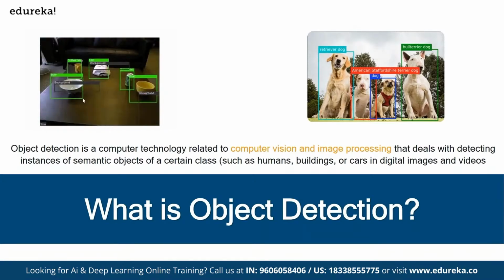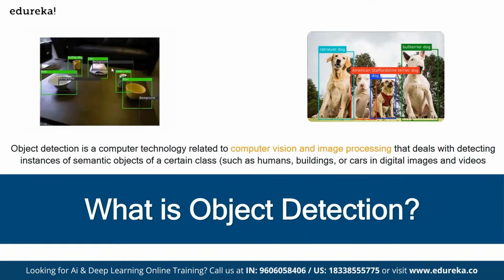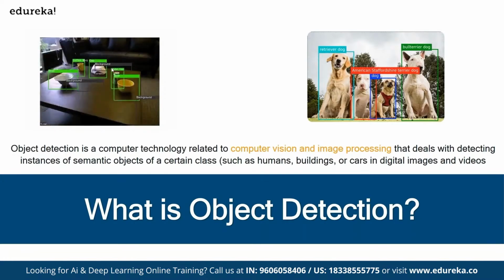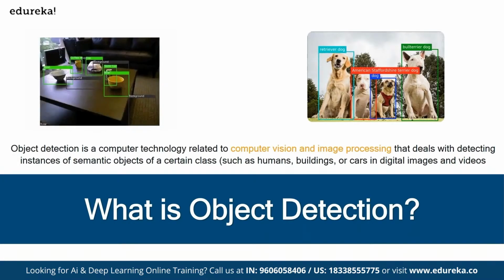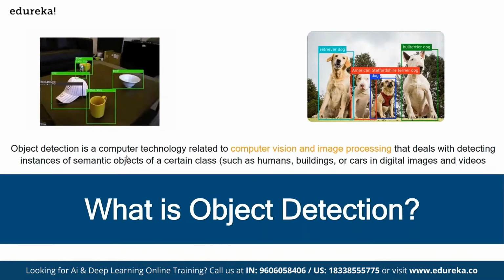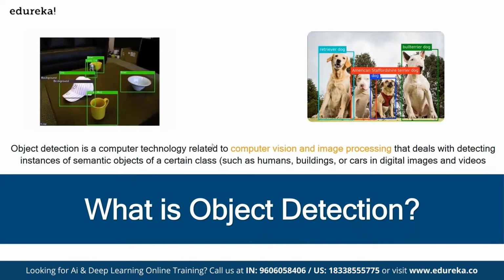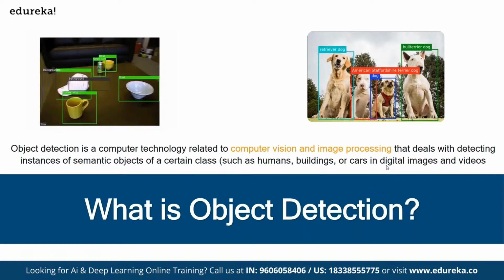Along with saying what is present in these images, I'm also drawing a bounding box around it to say where exactly that object is present. That's the technology, or that's what we are trying to achieve when we perform object detection. We are determining what and also where. These are the two things that we'll be doing in object detection.